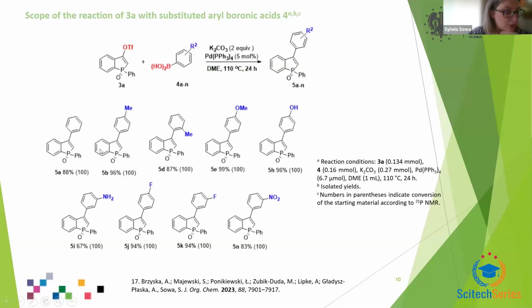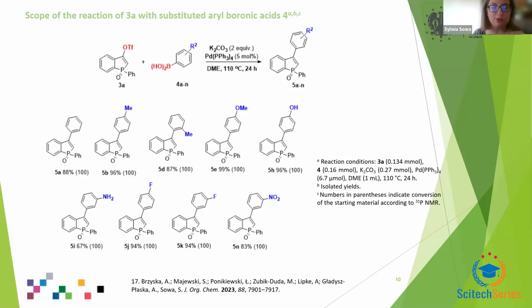As we can see, using this protocol, we can achieve complete conversion of triflate 3A for boronic acids which have electron-withdrawing groups like halogens and nitro groups, and also electron-donating groups like methyl, methoxy, hydroxyl, and amino.